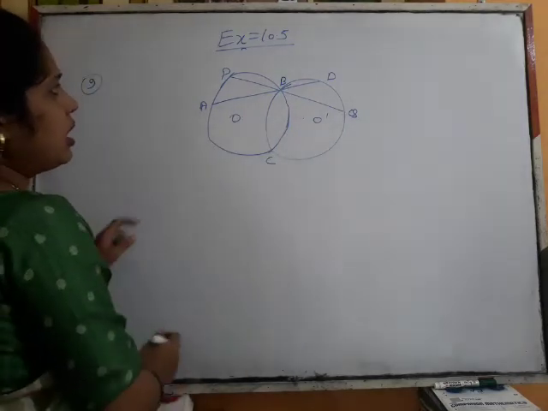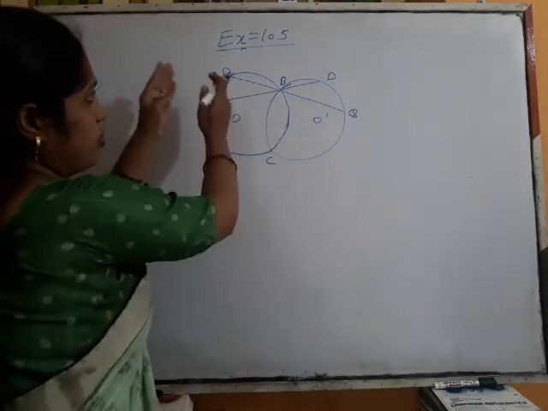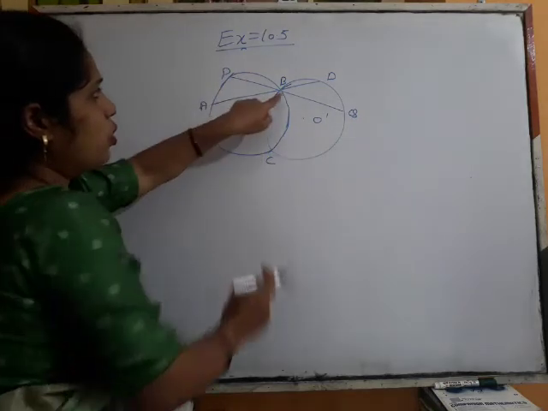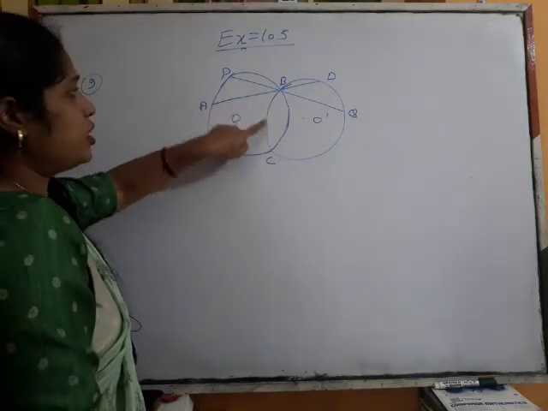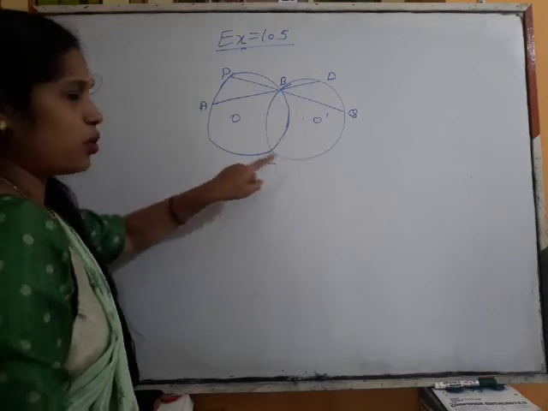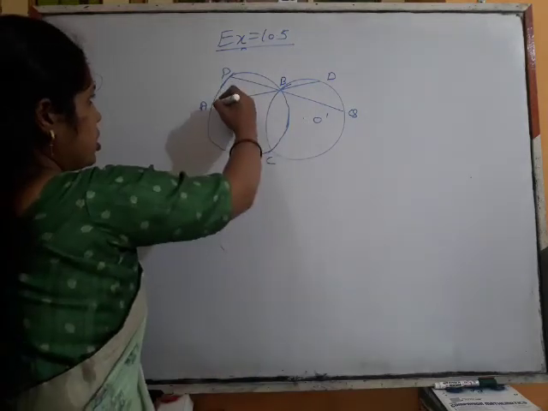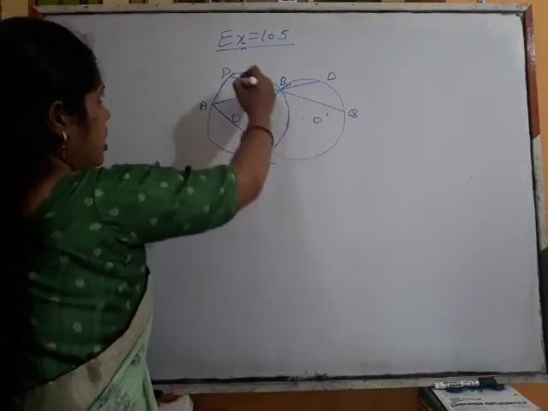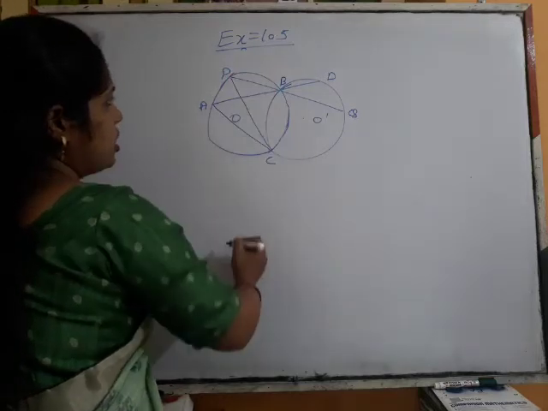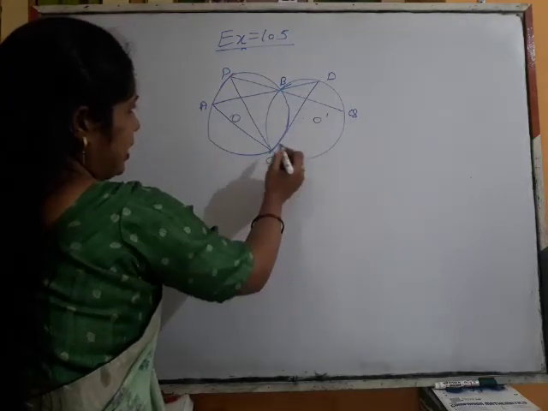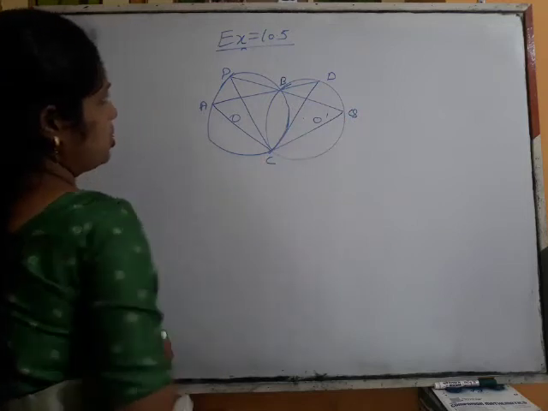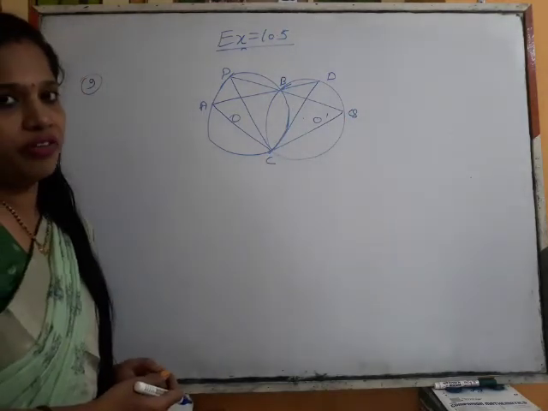Now both these arcs are going through the point B, so they need to come to the point C also. Now we will join all the points: A to C, then P to C, then D to C and Q to C. So this is what the figure is.